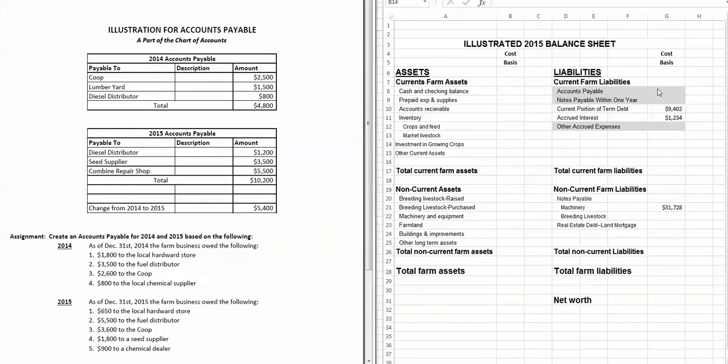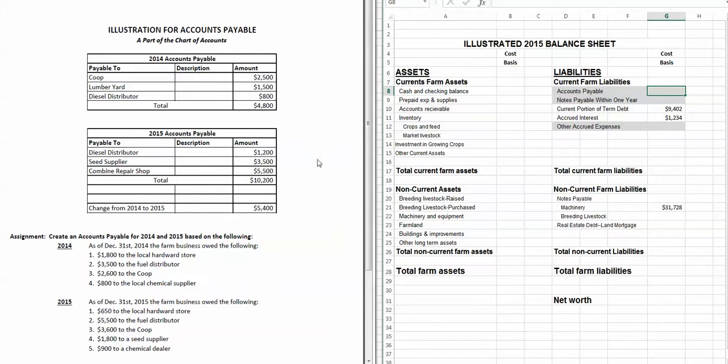So let's talk about accounts payable first. What would go in accounts payable? Well, when we talked about accounts payable in the chart of accounts, we said that an account payable is typically defined as any account you have at a distributor or supplier that is just month to month. In other words, you can charge something during the month and pay it at the end of the month.